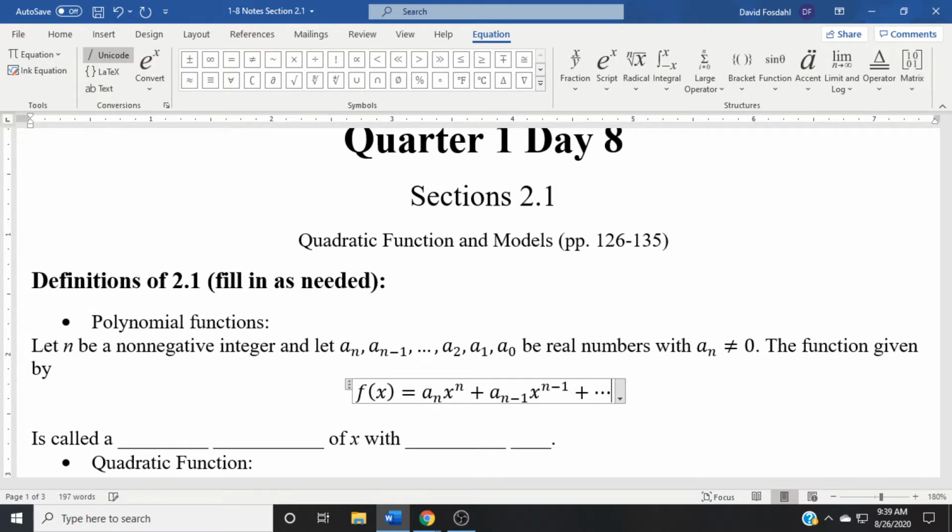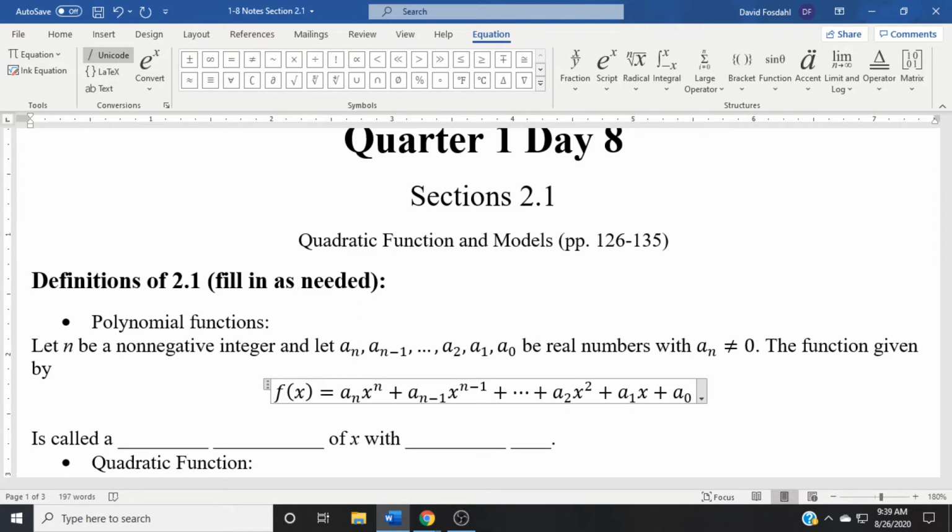And dot dot dot, this just means there's numbers in between. Plus a sub 2 x to the 2, plus a sub 1 x, obviously to the 1, and then finally, plus a sub 0. Sorry about the background noise. The wind is blowing, and I have no control over that. So you're just going to have to deal with it.